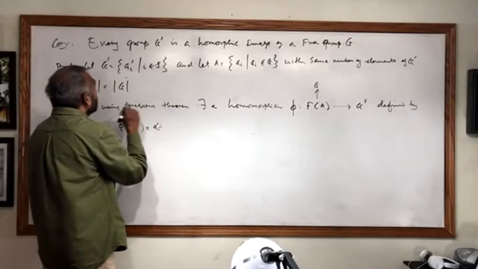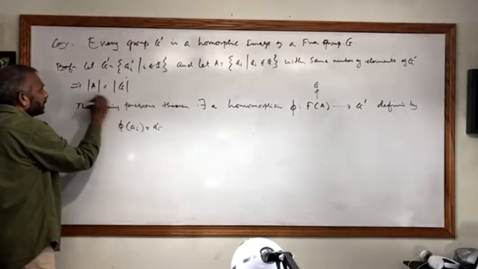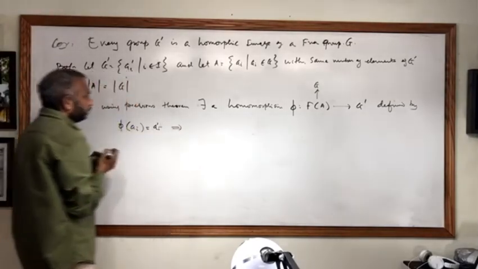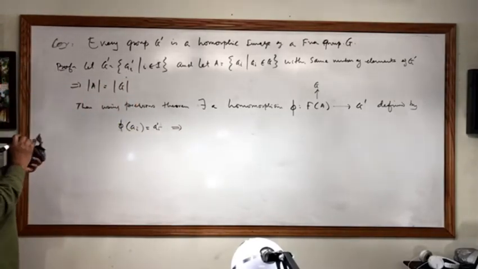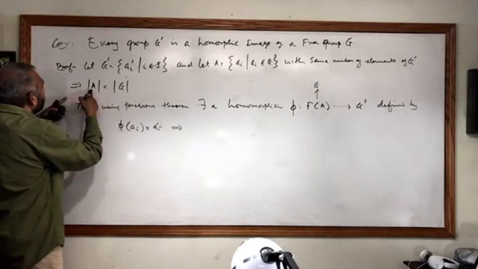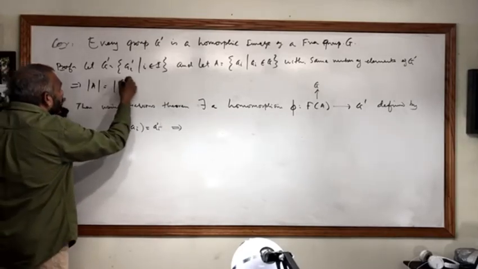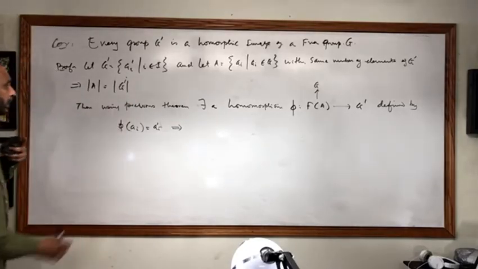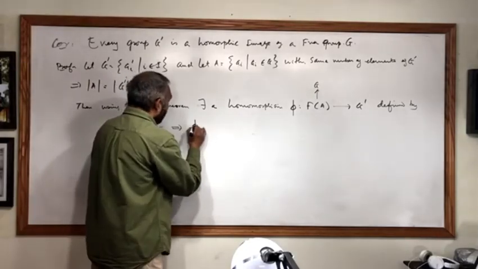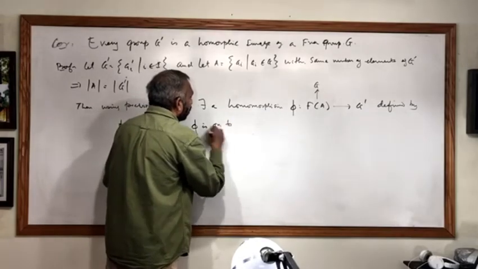So because of this, the cardinality of A is equal to the cardinality of G prime, sorry. Okay, this implies that phi is an onto homomorphism.